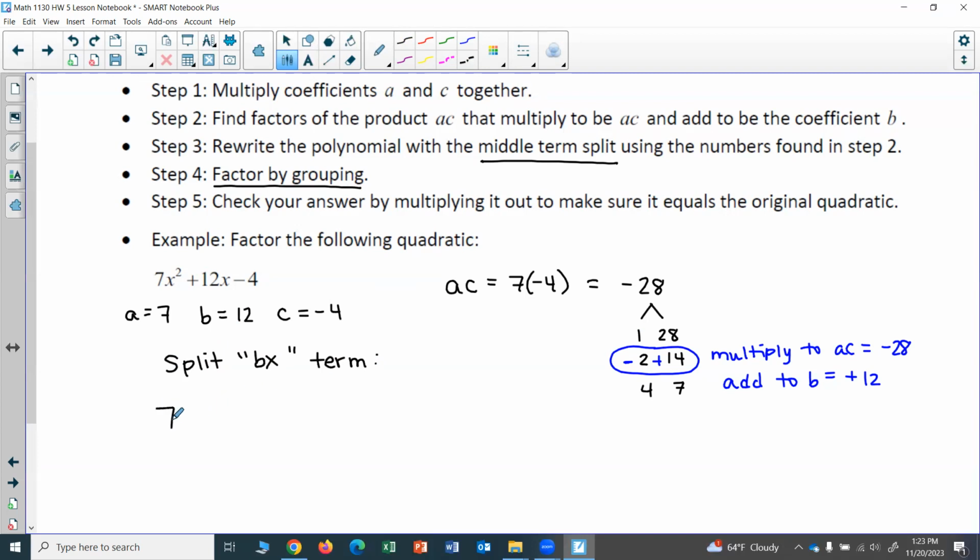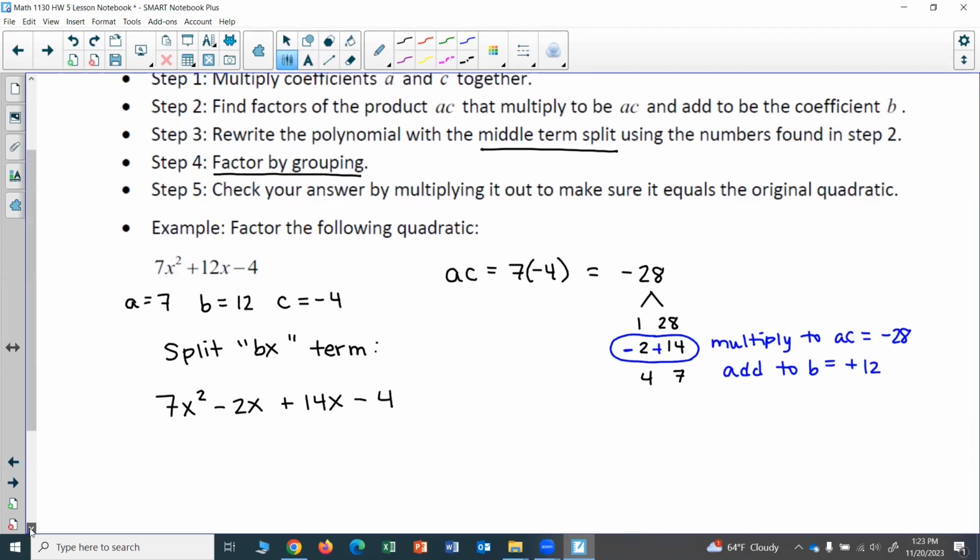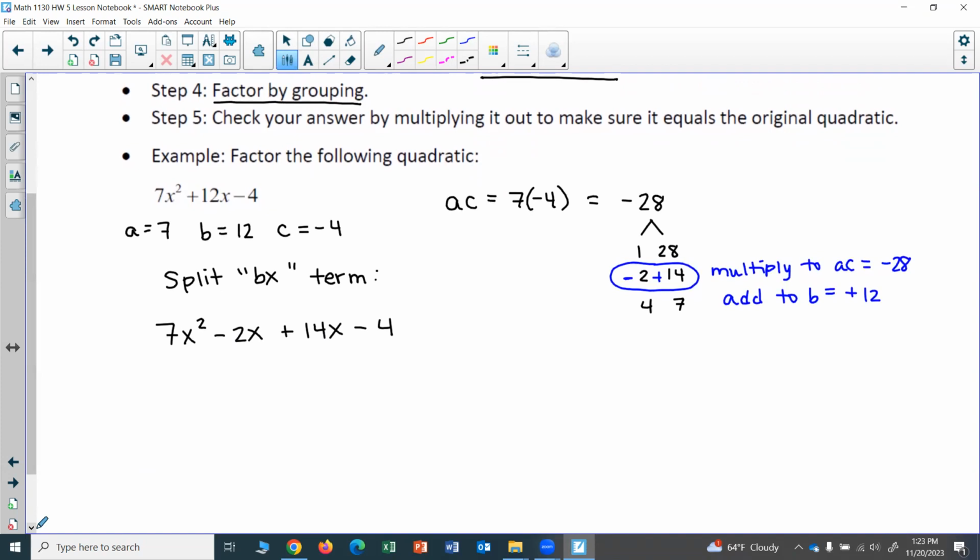So I get 7x squared minus 2x plus 14x minus 4. So notice nothing happened to the first and last term. I just took that 12x and rewrote it as minus 2x plus 14x. So now the next step is to factor by grouping.